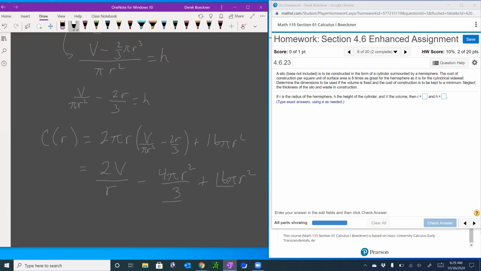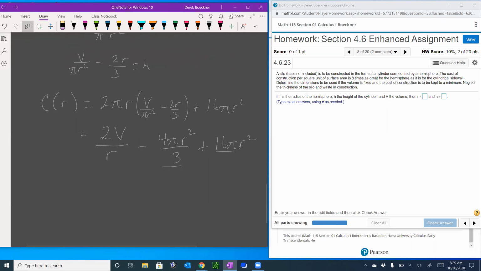So I'm going to put these guys together. 2v over r minus, 16 minus 4/3. It's going to be 13 1/3, which is 40/3 pi r squared.